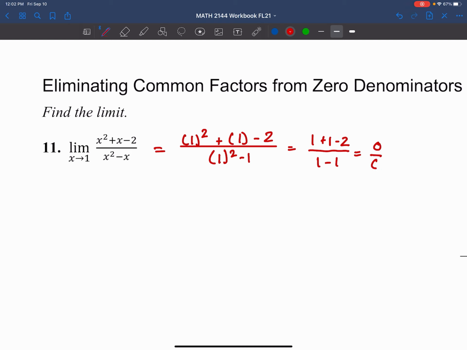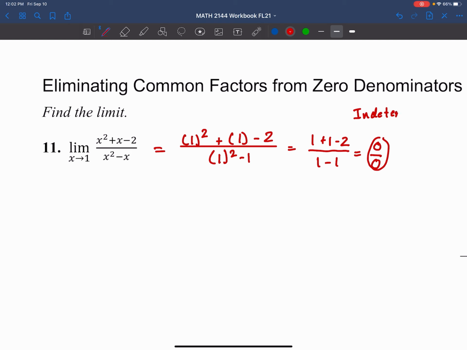So ultimately, when the simplification carries out, we get 0 divided by 0. This is an issue for a couple reasons. We can't divide by 0. It's not defined. And this right here is actually referred to as an indeterminate form.